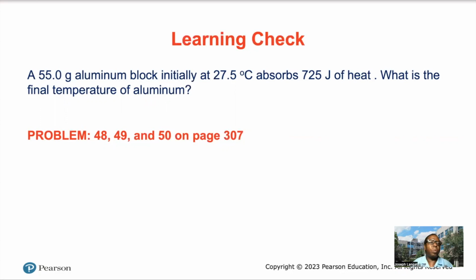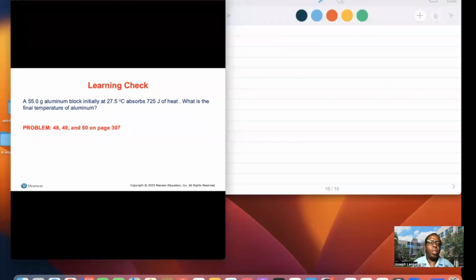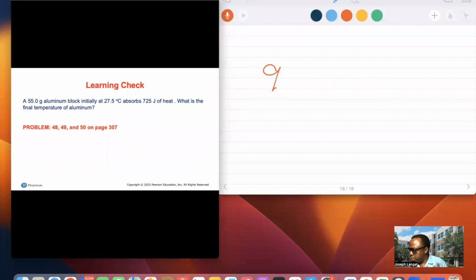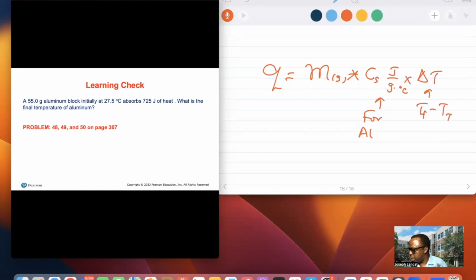You need to remember that Q equals mass in grams times Cs, the specific heat in joules per gram per degree Celsius, for aluminum, times the change in temperature, T final minus T initial.